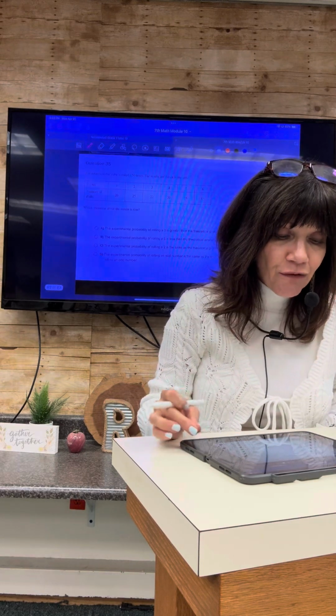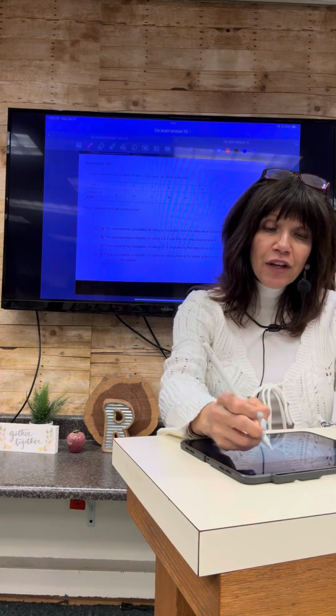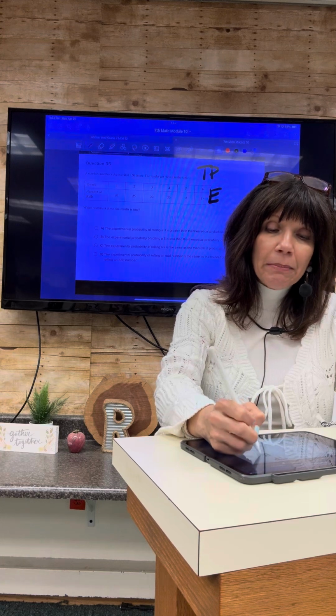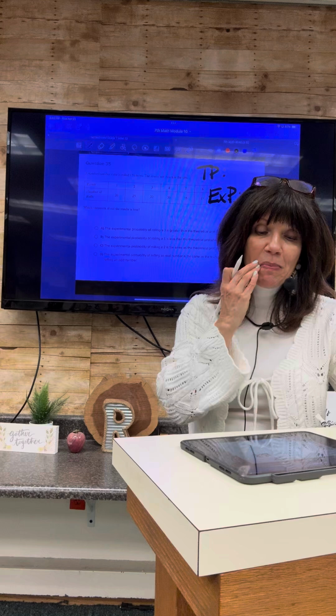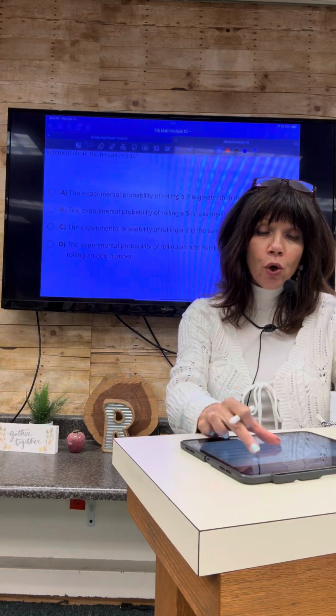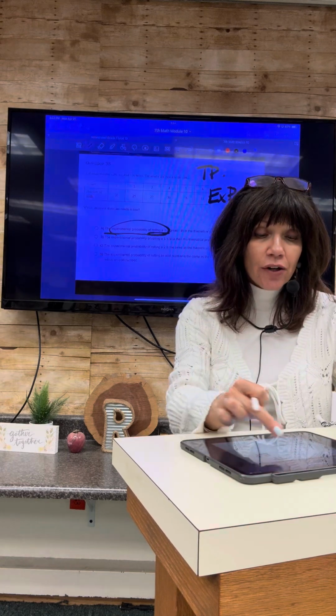On item 35, they're asking you to compare theoretical probability each time to the experimental probability each time. And I want to talk to you just about item A: the experimental probability of rolling a 3. So we're going to look at the chart they give you.